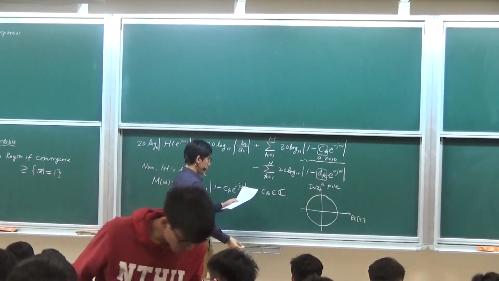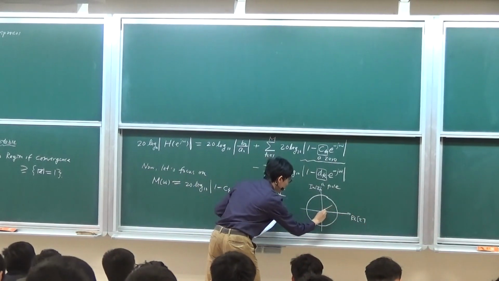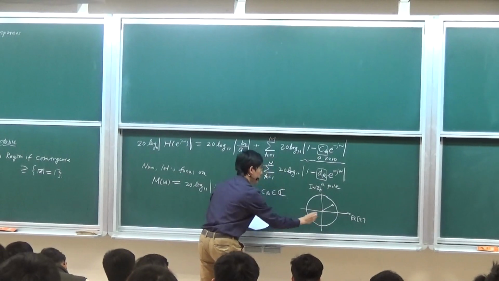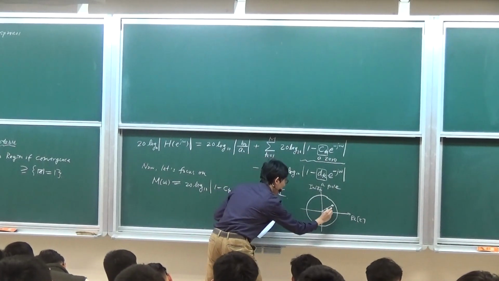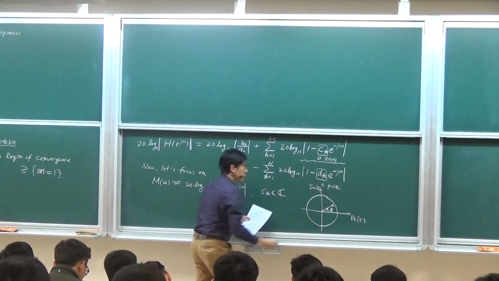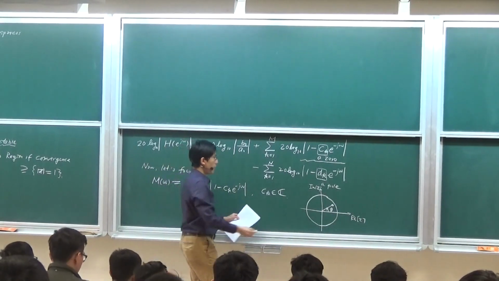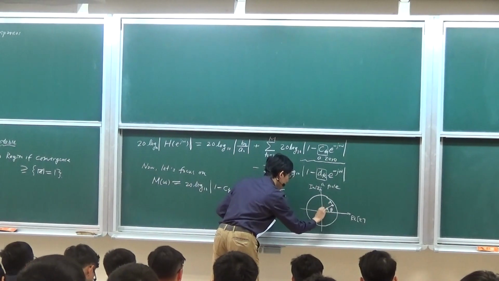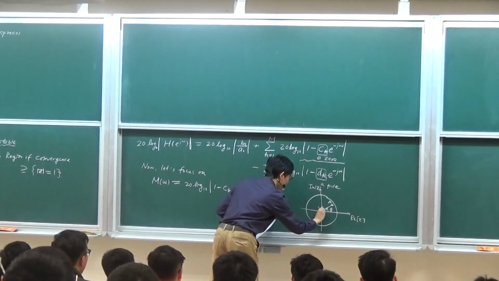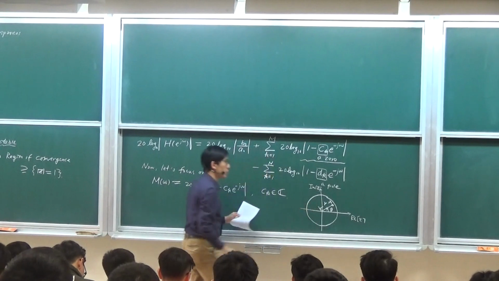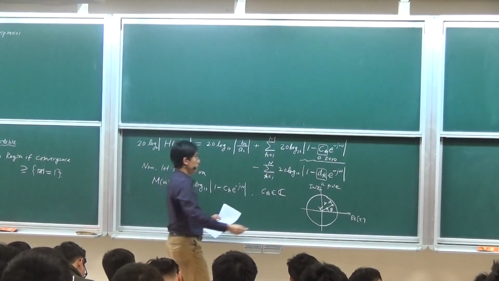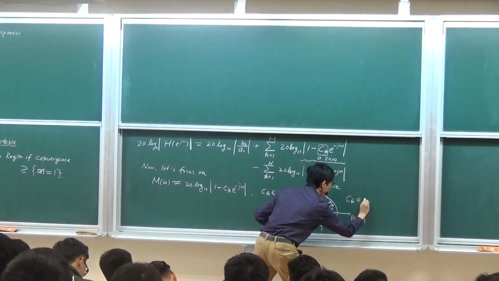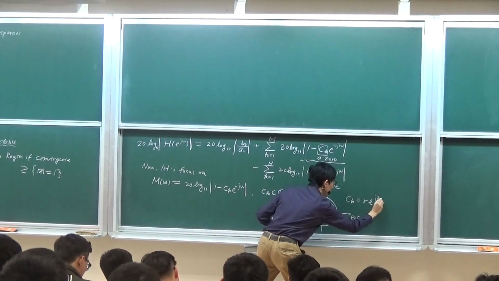For the sake of discussion, let's assume that our zero is located right here, with an angle theta and a radius of r. In other words, let's assume that ck is r e to the j theta.